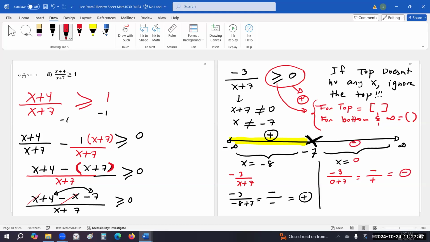Negative. So can you take the second interval? No. So what is our solution? And they both get parentheses because we got them from the denominator.